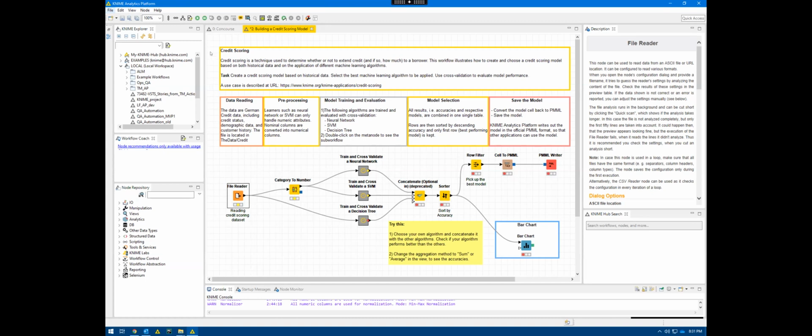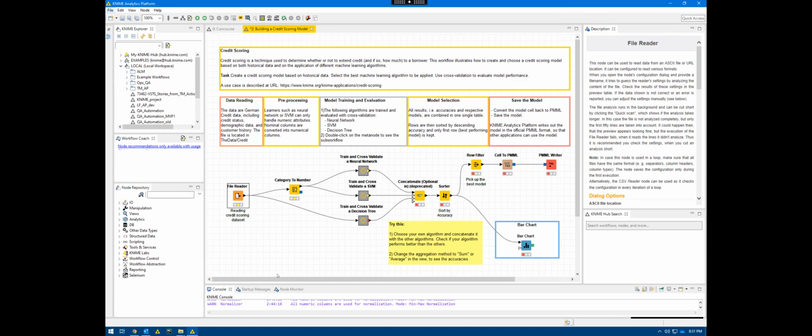The tool is called KNIME Analytic Platform, and it's basically free to download and install on any platform of your preference. In this case, I have it installed on my Windows machine here, but as I understand it, you can run it on Mac as well as Linux.